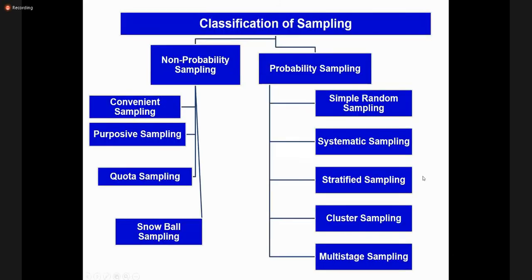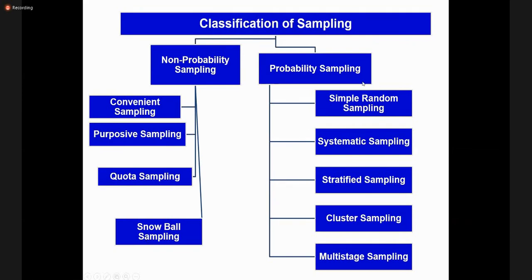This is the classification of sampling: non-probability sampling and probability sampling. In non-probability sampling, where we do not provide a chance to every sampling unit, there are four major types: convenient sampling, purposive sampling, quota sampling, and snowball sampling.